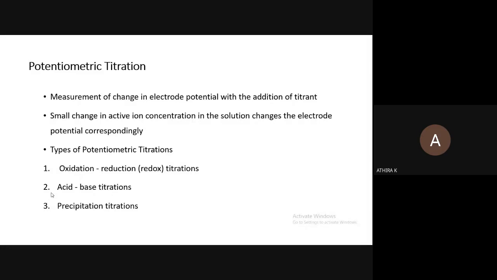Hope you know about neutralization. It is a neutralization reaction. We are taking acid and base, and there will be a pH corresponding to the neutralization reaction. At that pH, the color of the solution changes. And we are noting the volume of titrant taken in the burette.